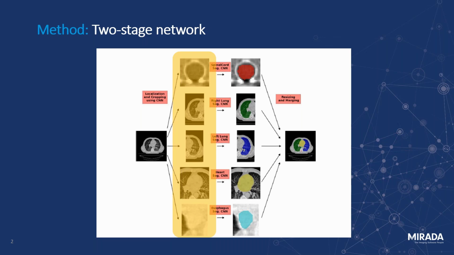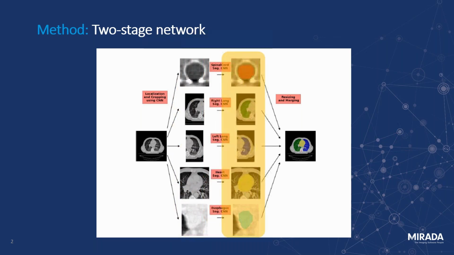Using that first stage, a region of interest is defined, and again the original CT image is resampled into fixed volume size inputs for a 3D UNet architecture. But in this case, the volume size is determined by the region of interest of that organ at risk, and different volume sizes are used for different organs at risk.